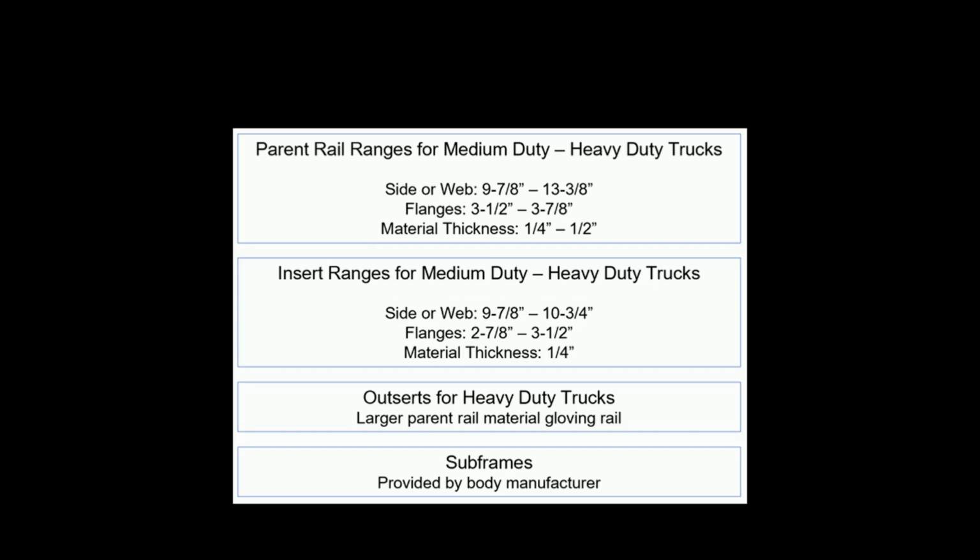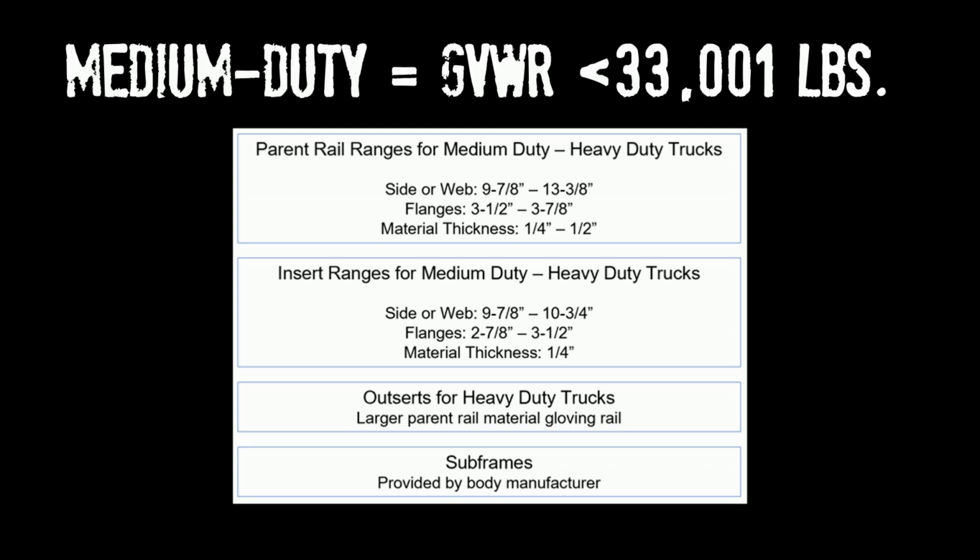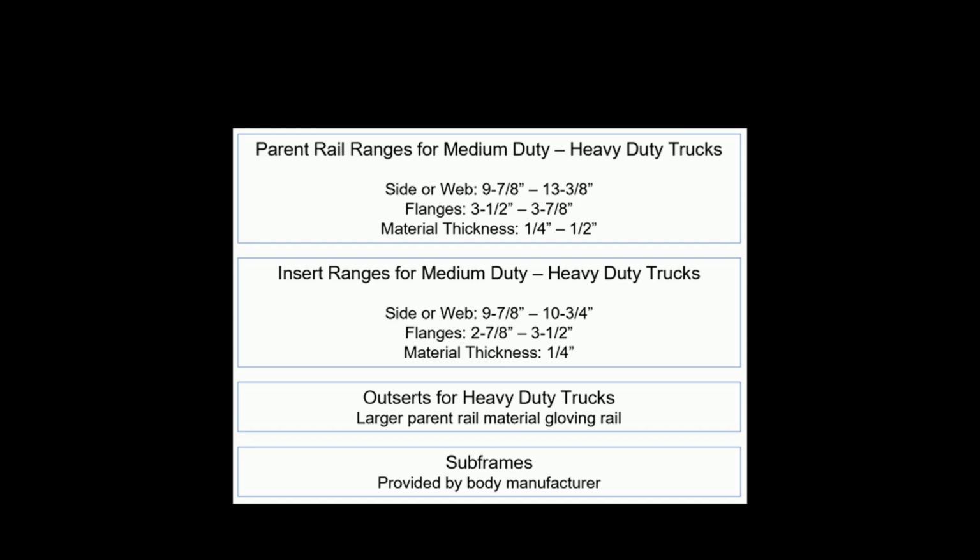Frame rail sizes vary depending on the truck's duty class. Medium-duty truck rails, found on Class 6 and 7 chassis, typically measure 9 and 7/8 inches or 10 and 1/8 inches in height, with thicknesses ranging from 1/4 to 3/8 inch.